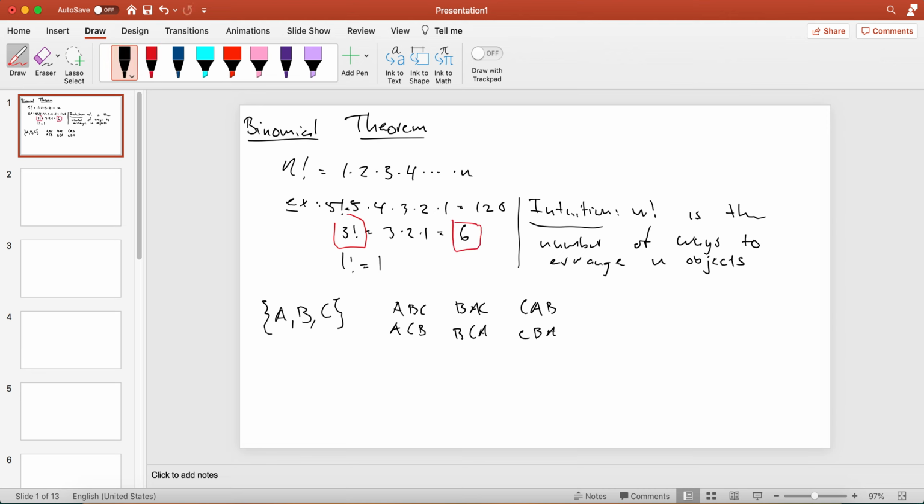And how many ways can I arrange one object? Let's say I just had the object A. Well, there's only one way for me to arrange that object, and that makes sense. 1 factorial is 1. Okay, well, how many ways can I arrange 0 objects? Well, there's only 0 ways for me to arrange. Sorry, there's only one way for me to arrange 0 objects. And here it is. That's 0 objects arranged.